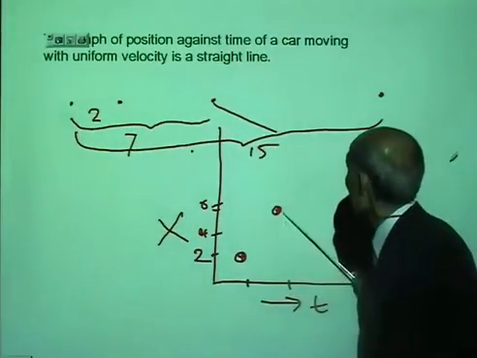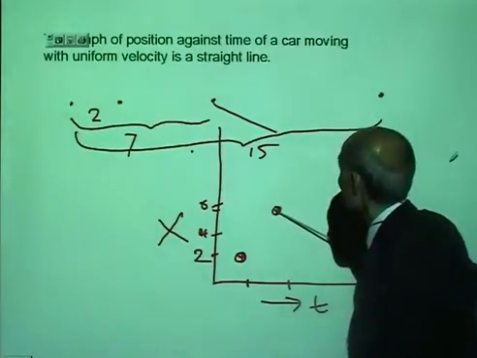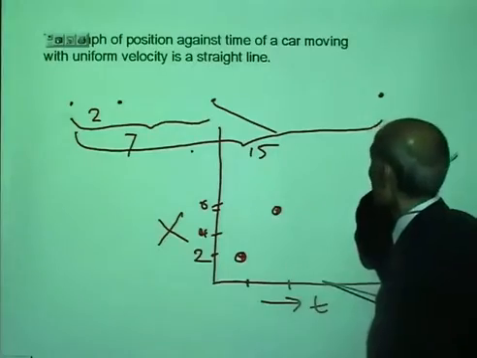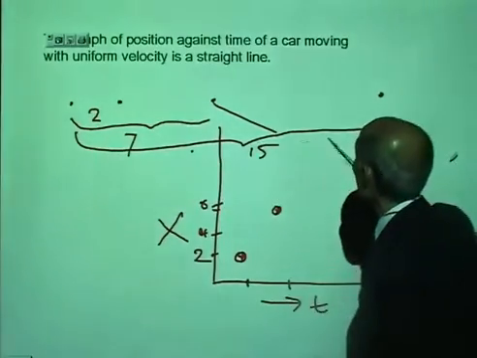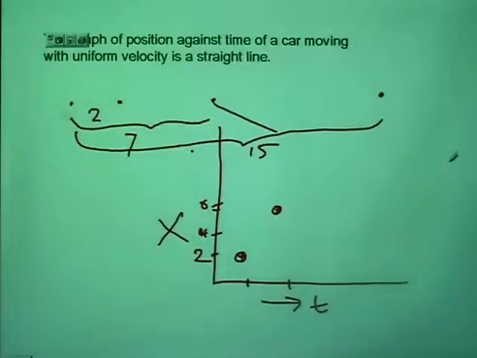At the end of the second it has traveled a distance of 7 meters. It is here. At the end of the third second, it has traveled a distance of 15 meters. Where do I mark that 15? It will be somewhere over here. And so you can see the graph is going to curve up.